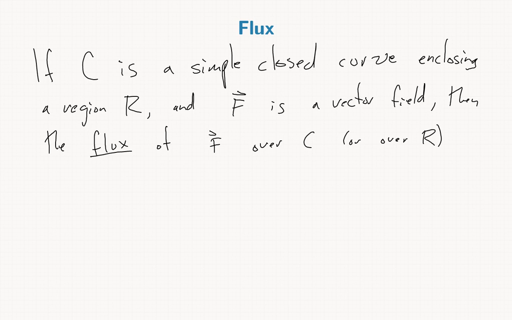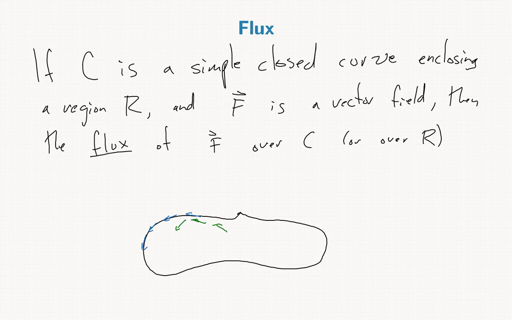So if this is like our curve C, previously, let's say that C has these tangent vectors, and then we had like a force field or a velocity field, whatever, in here.